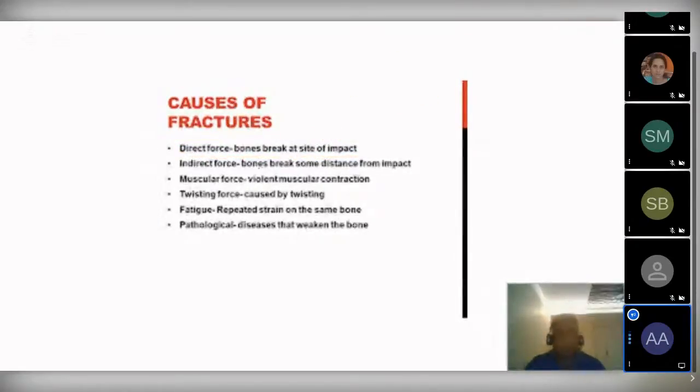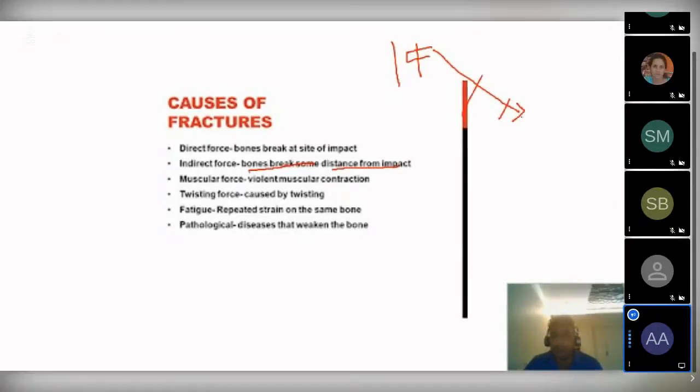Okay. Indirect force: you apply force elsewhere, the fracture is somewhere else. Suppose you are playing football, you are twisting the ankle, you fall, or somebody twists your ankle in kabaddi or whatever. The fracture need not happen at the ankle only, it can happen anywhere. Or similarly, you fall on an outstretched hand, there can be a distal radius fracture, elbow dislocation, up to clavicle fracture, it can happen anywhere.